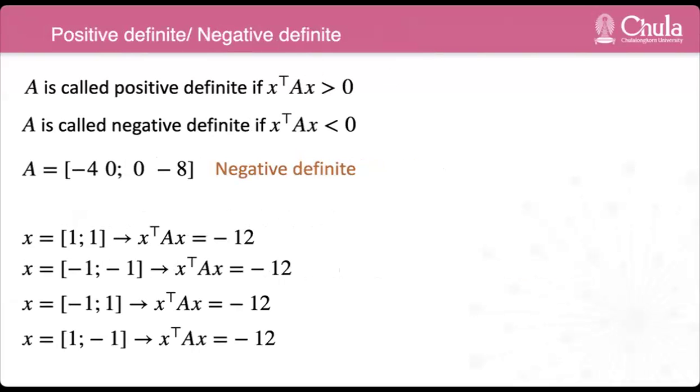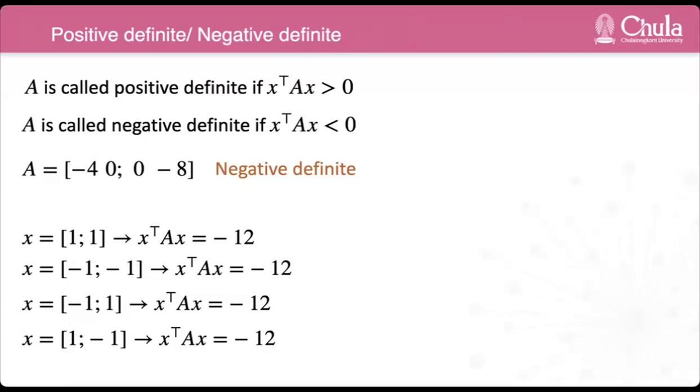But anyway, I will explain more about positive definite and negative definite. What is the meaning of positive definite and negative definite? If we have a matrix A, it is called positive definite if X transpose AX is always greater than 0.